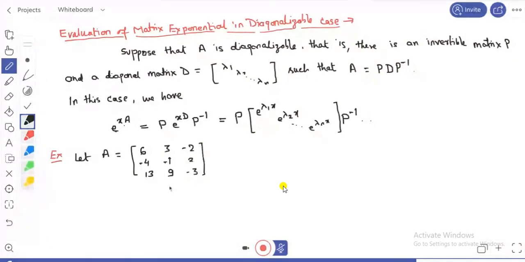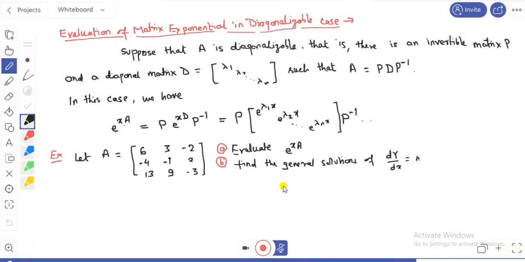Suppose this is your matrix A. Then you have to find two things. First, what is the value of e to the power xA for that matrix A, and second, to find the general solution of the system of differential equations of type dY over dx equals A Y.